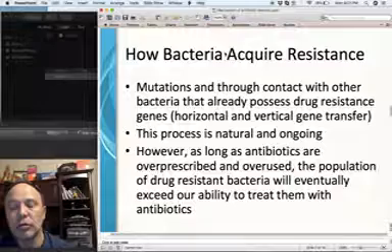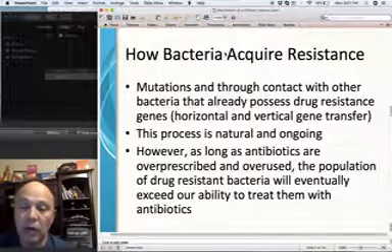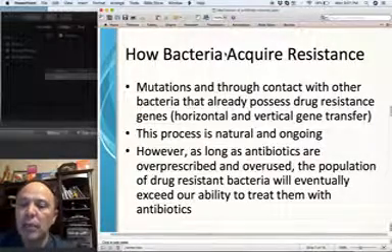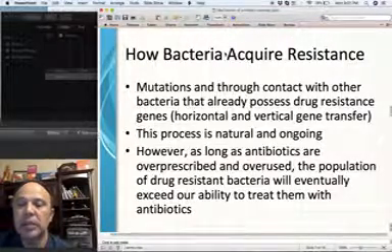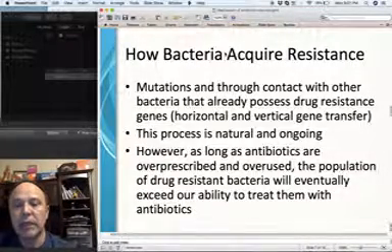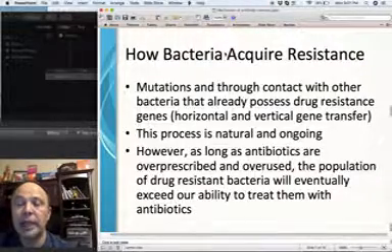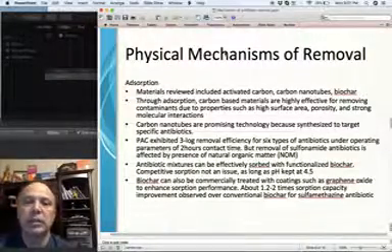And this is natural and ongoing, so there's nothing we can do. It's constantly occurring. However, as long as antibiotics are overprescribed and overused, the population of drug-resistant bacteria will eventually exceed our ability to treat them with antibiotics, which is dangerous. It's a scary proposition. It's a scary situation for us.